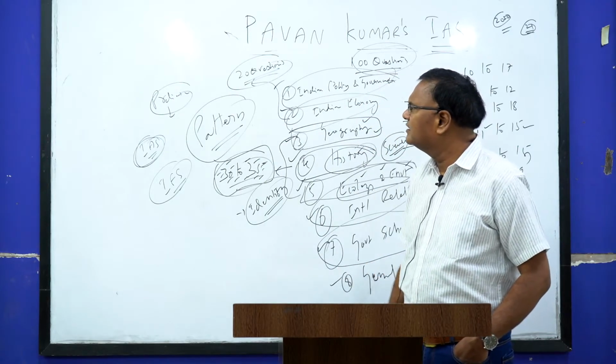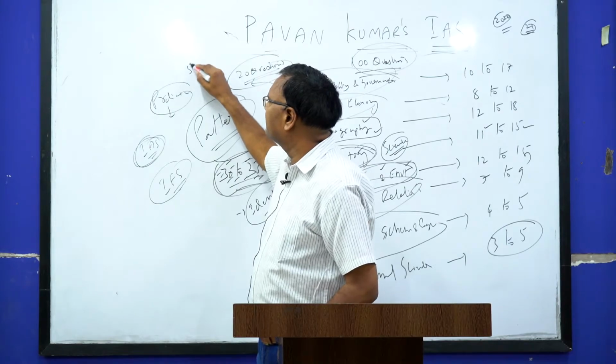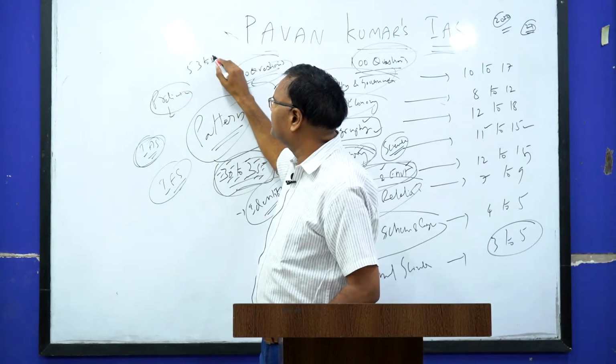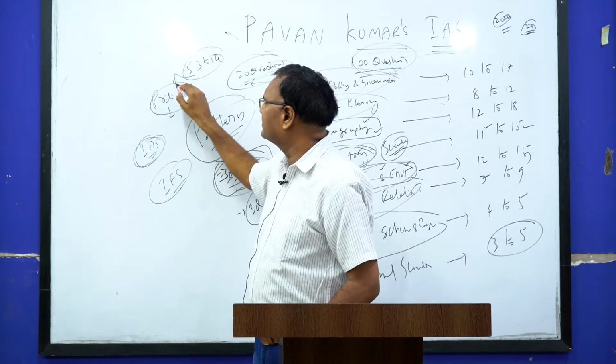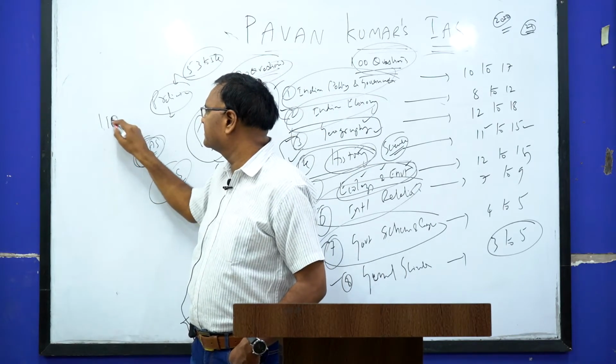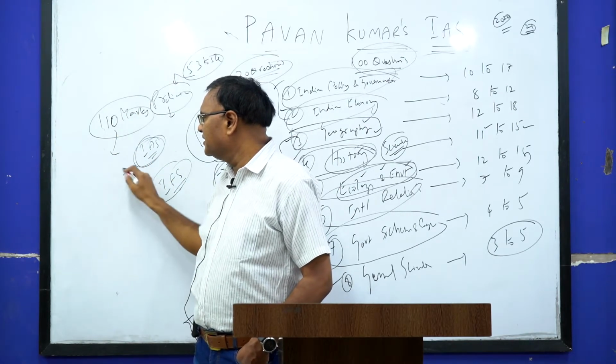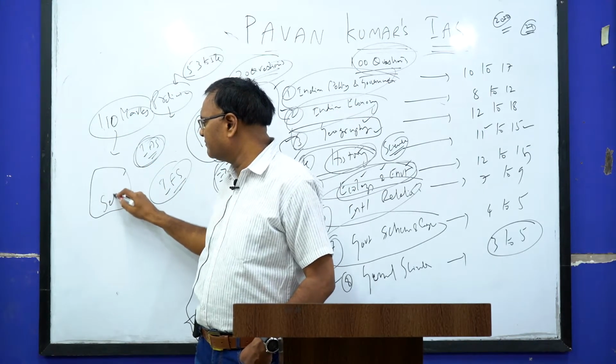As I said, you must get at least minimum 53 to 54 questions right. That means if you are getting around 110 marks in the preliminary examination, you can be sure of your selection for the mains.